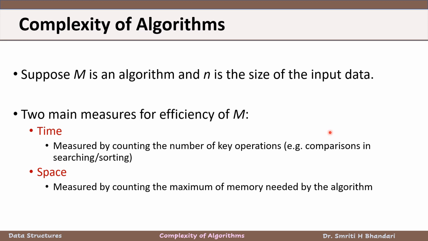So here, while finding the complexity of algorithm, we are not actually finding the time, but we are considering the number of key operations those are required to perform the task. Okay, so whichever algorithm requires less number of computations, obviously the time complexity of that particular algorithm is good.